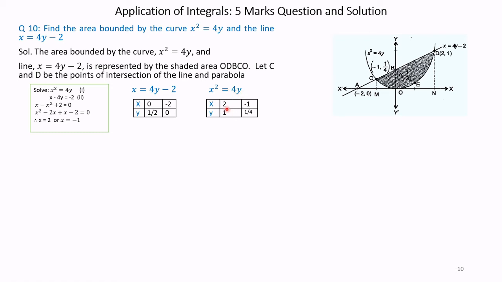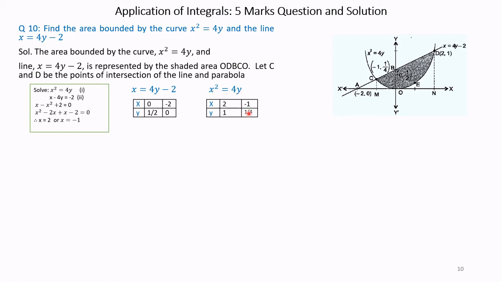So when x is equal to 2, y is 1. Similarly, we substitute x as minus 1. Minus 1 square is plus 1. Therefore, y will be equal to 1 by 4.